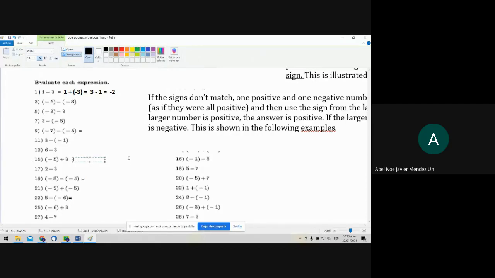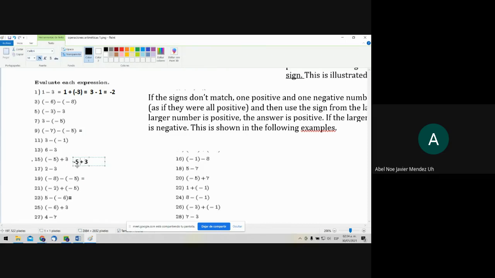Okay, we have here an addition, but an addition of numbers whose signs don't match. Okay, we can eliminate the parentheses. Okay, minus 5 or negative 5 plus 3.